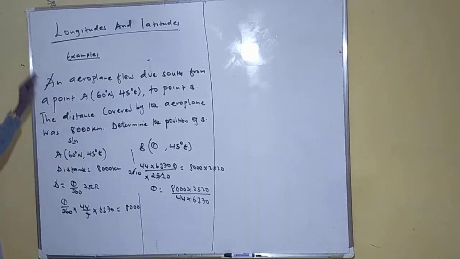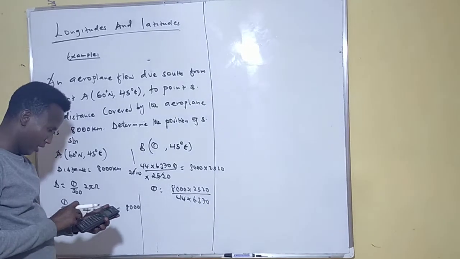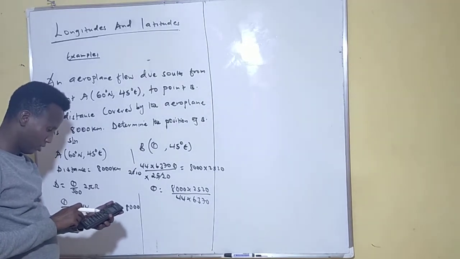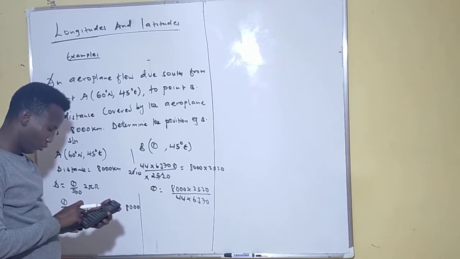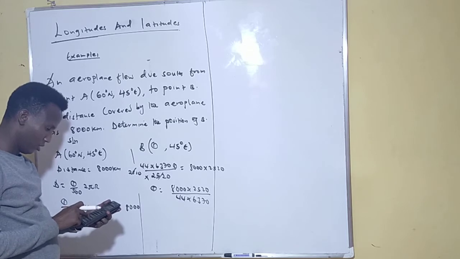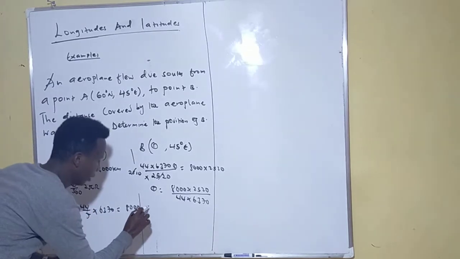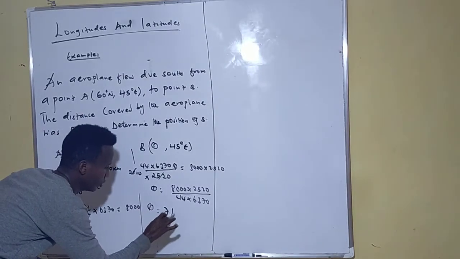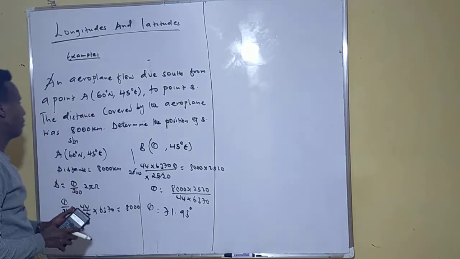You must have your calculator. That is 8,000 times 2520 divided by, in brackets, 44 times 6370. Theta is equal to 71.93 degree.